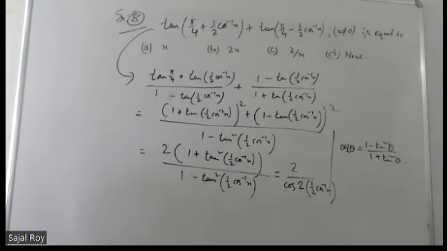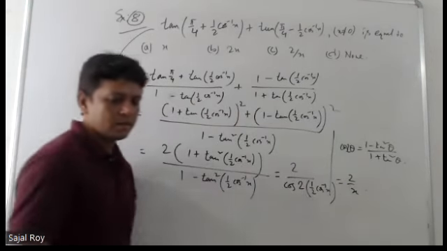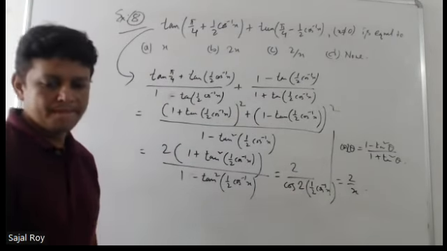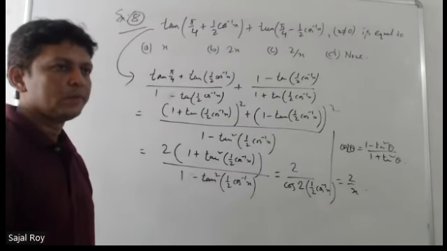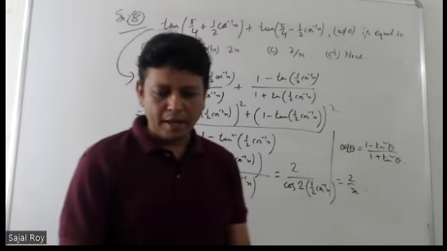That is cos of cos inverse x, and x not equal to 0. So 2 by x. Okay. Thank you all of you.